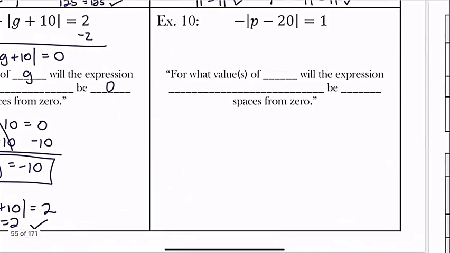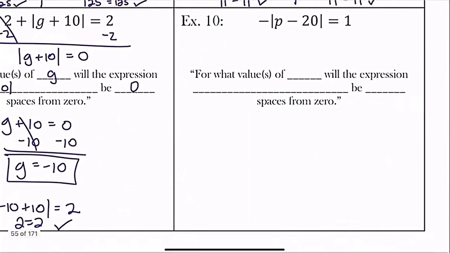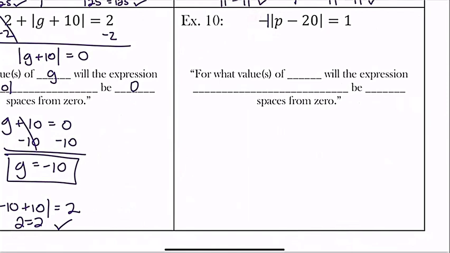And then number 10 is what it looks like if you have no solution. So here we do have a number on the outside. This is a -1. Remember, if there's not a 1 there, it's implied. So we would want to divide both sides by -1 because it's currently being multiplied. And when I do that, I end up with the absolute value of P minus 20 equals -1.